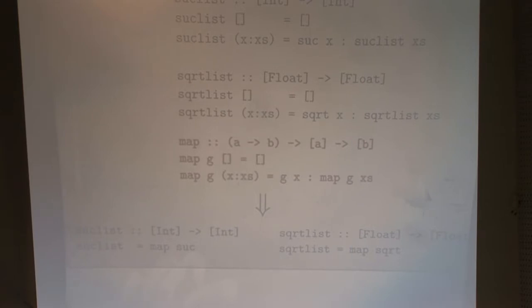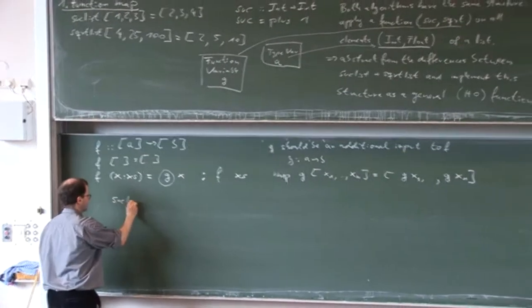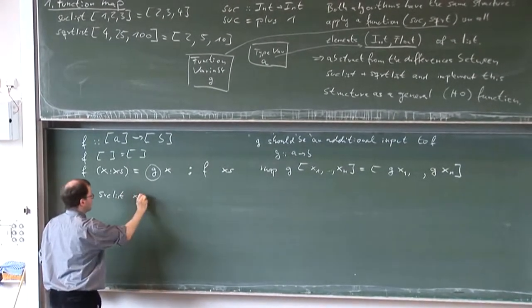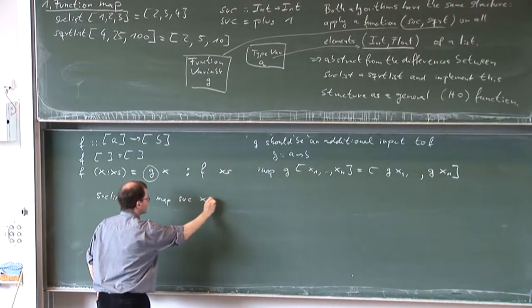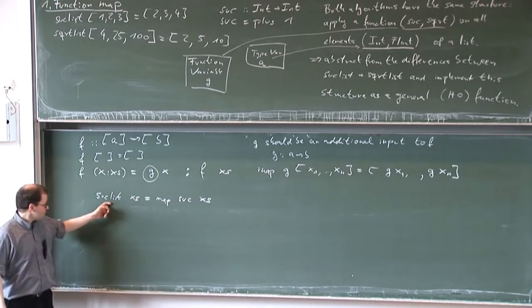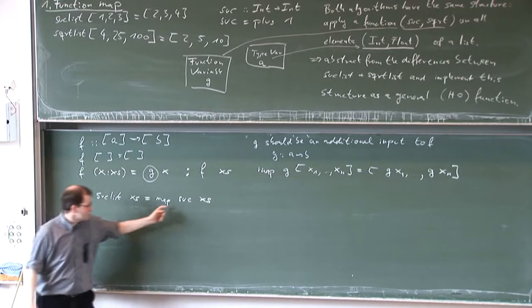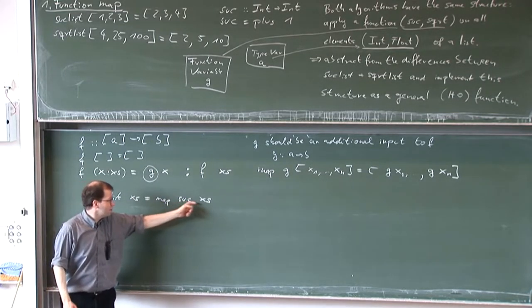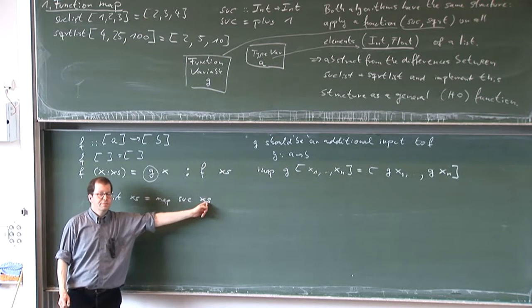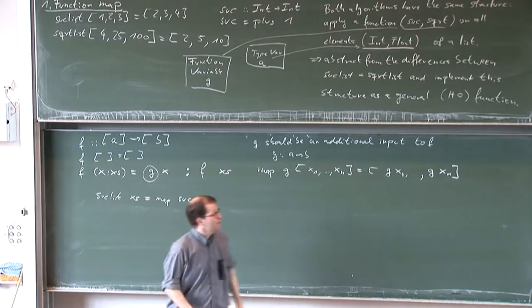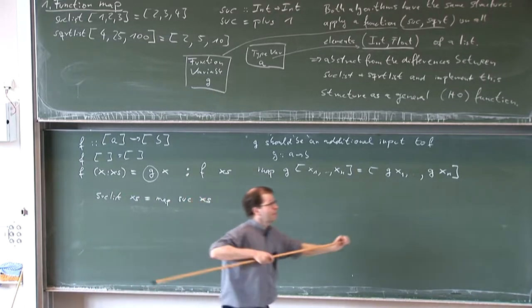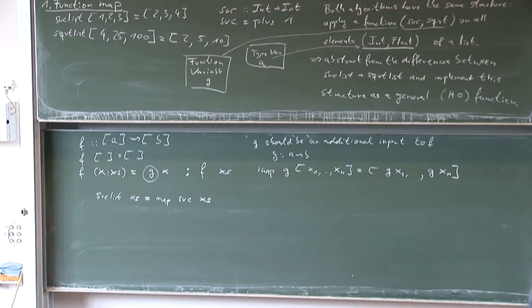If you dislike this curried version, you can also write sucklist of a list xs is map suc xs. So this function is defined as applying the function suc on each element of the list. And instead of writing this, you can also make it shorter by simply writing sucklist is map suc. And square root list then obviously is map square root.